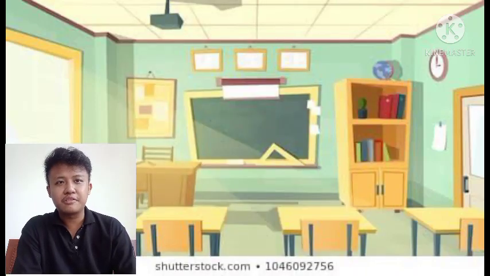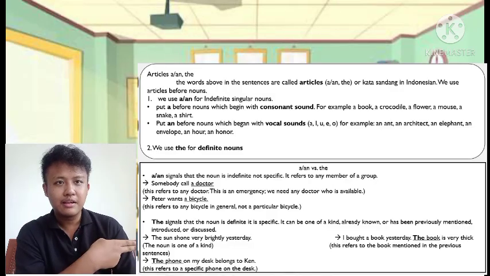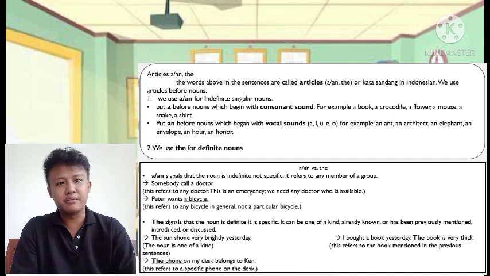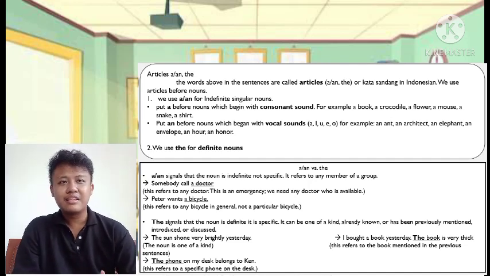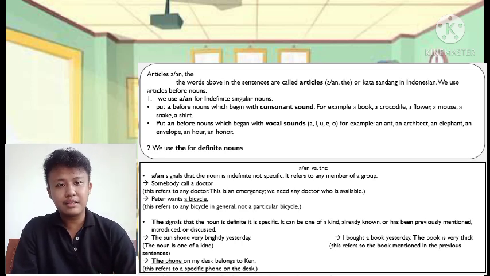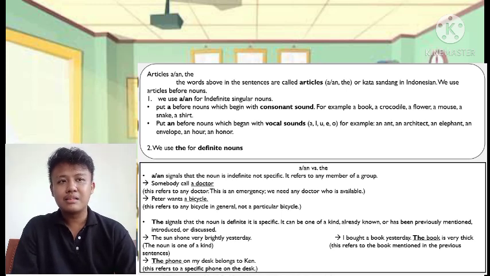Now, I want you to read the picture over here and let me explain it for you. We are now going to talk about the articles a, an, and the. The words above in the sentence are called articles, or kata sandang in Indonesian. We use articles before nouns.